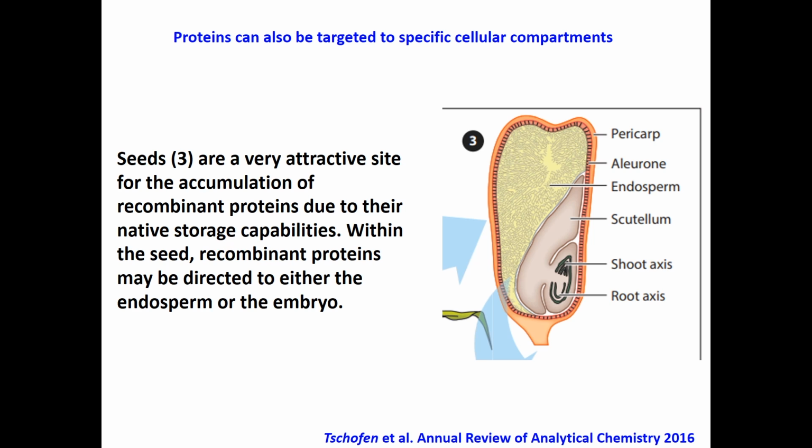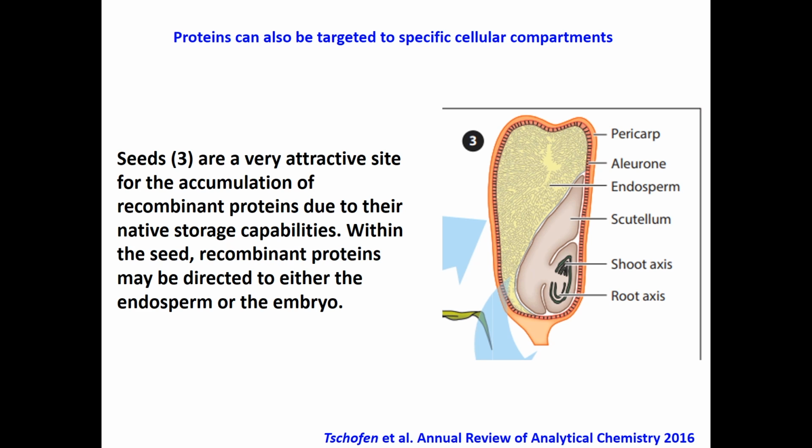So if we have the target peptides, we can specifically target to a subcellular organ. If you don't have them, you can directly make a transformation, for example chloroplast transformation, and then produce.